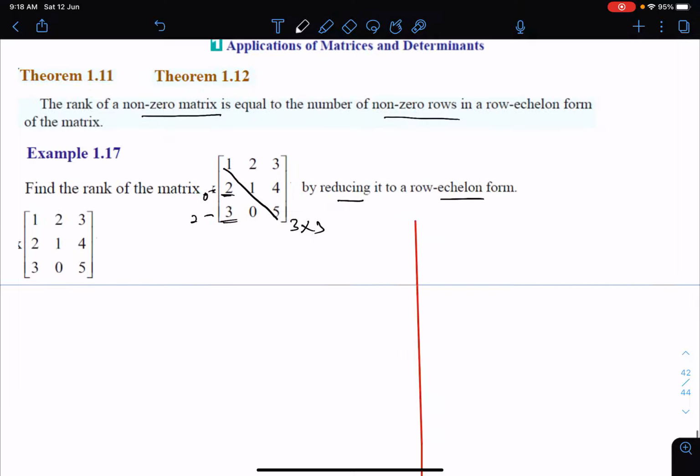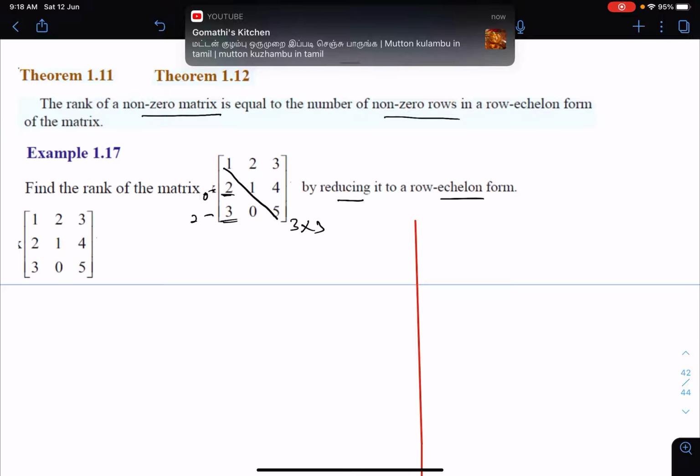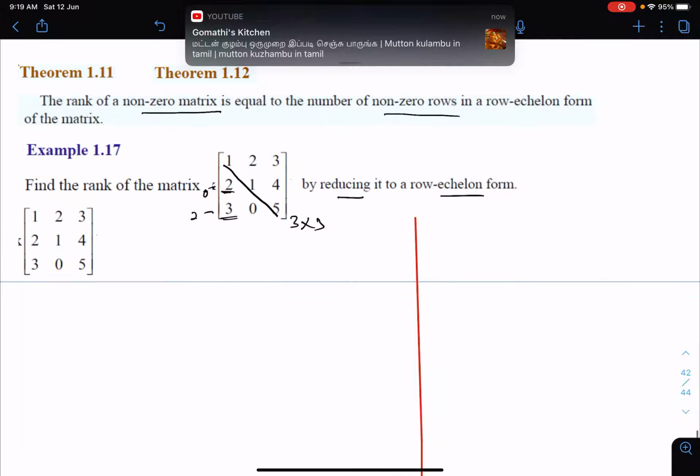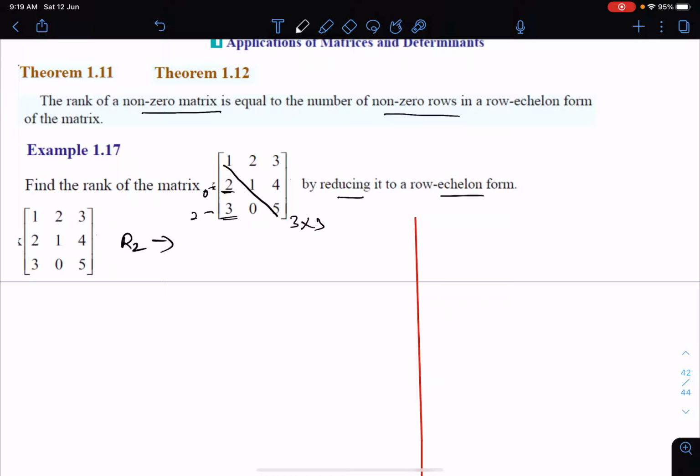So for that, what we are going to do here: R2 is going to be reduced as R2 minus 2R1. Similarly, R3 is going to be reduced as R3 minus 3R1.